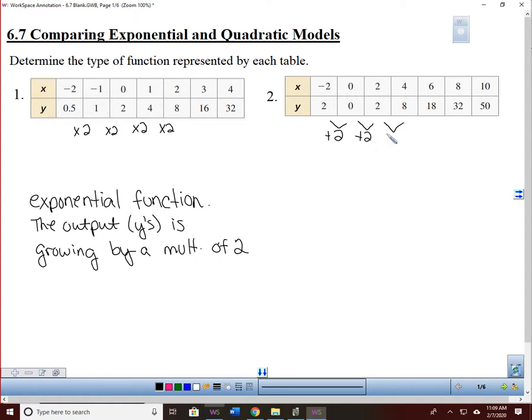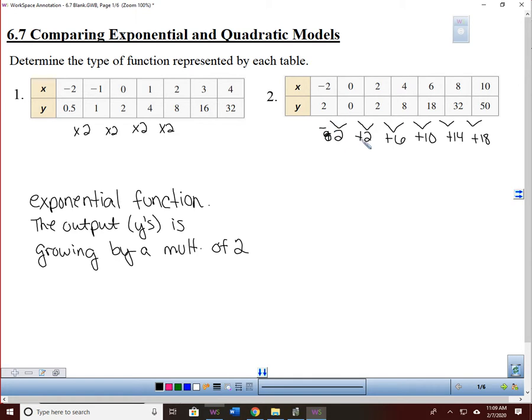To get from 2 to 8, I would add 6. 8 to 18, I would add 10. All right. 18 to 32, I would add 14. And then I've got 32 to 50, I'm adding 18. And I do need to fix something. To get from 2 to 0, we don't add 2, we would subtract 2.